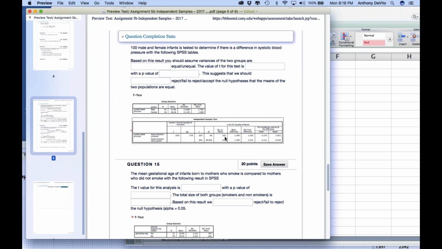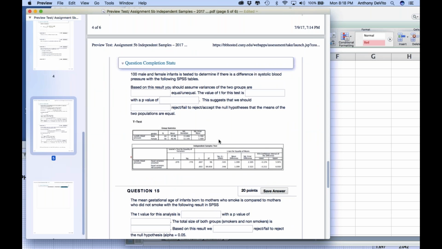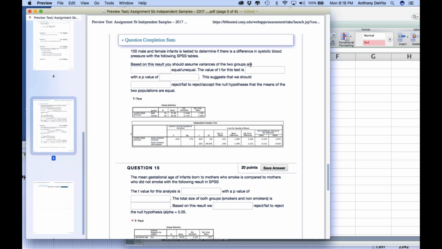The p-value is 0.000, significance. Oh, I'm sorry, hang on a second. It's a different question than the one I just answered. Based on this result, 100 males, the t-value for this test is, I can't read it, it's like 0.67 something, right? It's a small number, 0.6 something.